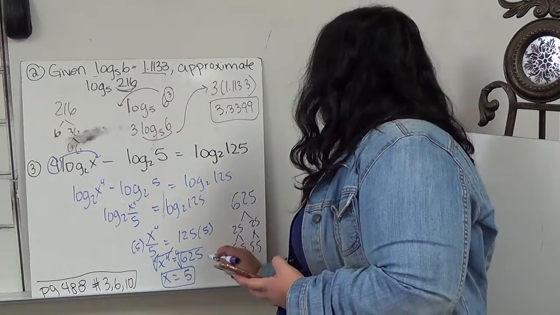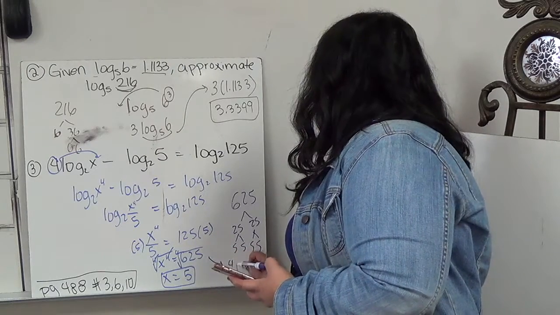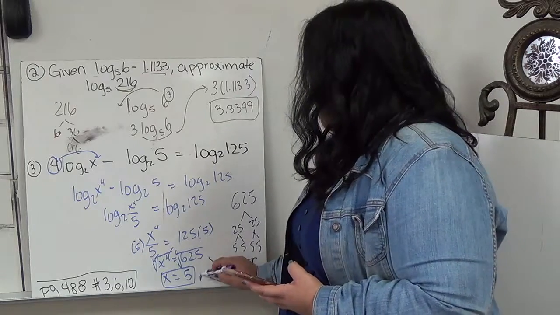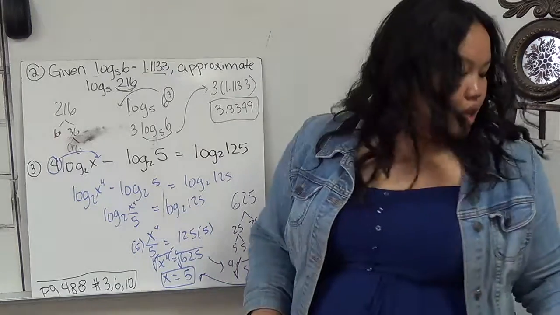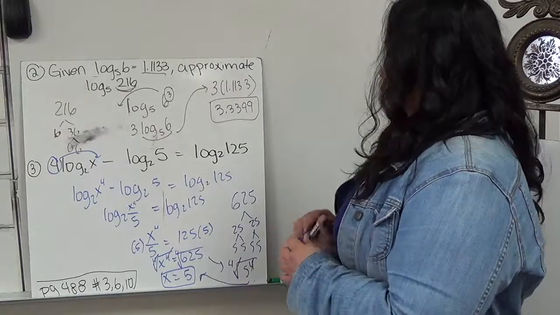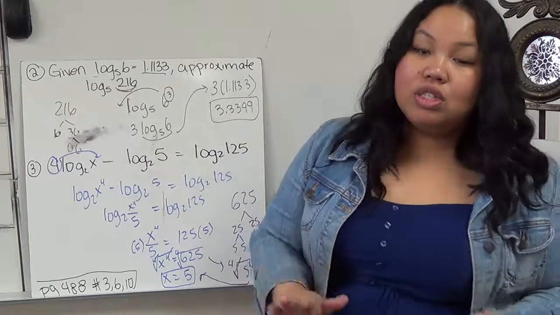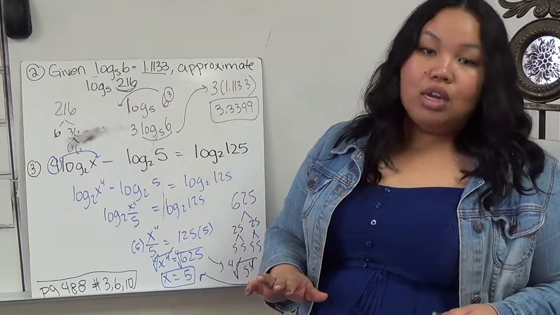So this would be the same thing as the 4th root of 5 to the 4th, and this would cancel out, giving me just 5. So hopefully that made sense, and that we are able to apply the rules from this section and the last two sections. They are adding up, I understand.